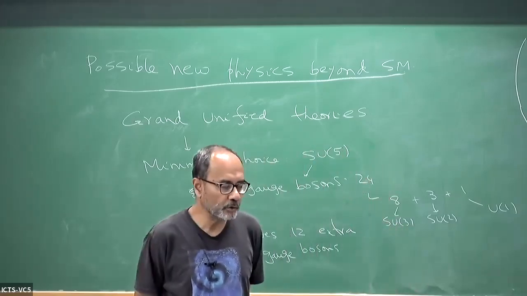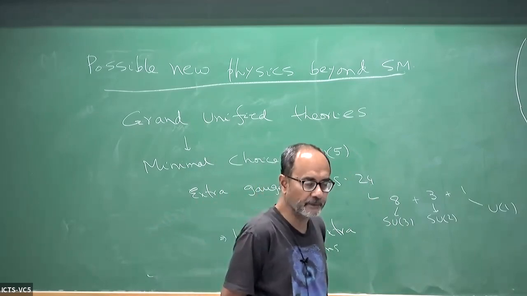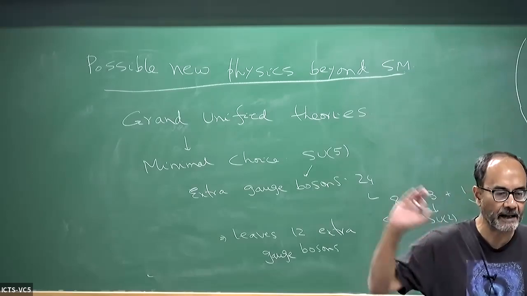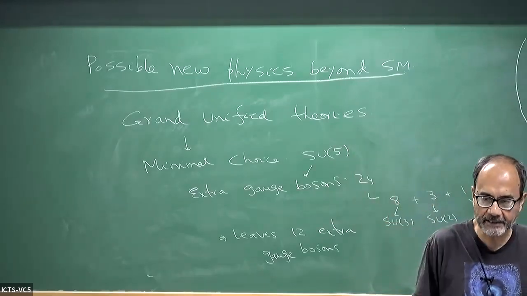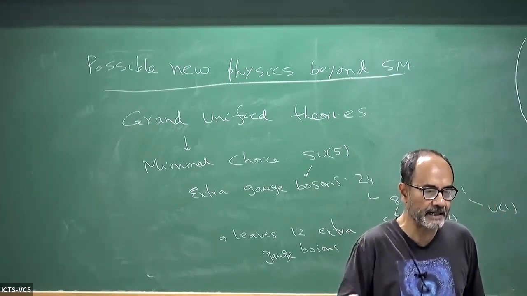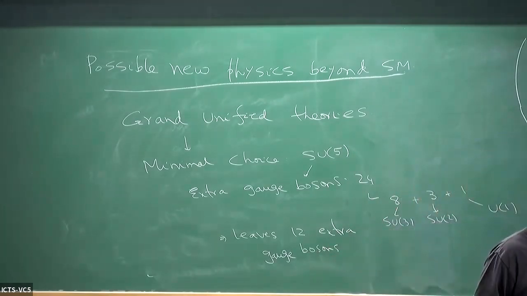Now, of course, we don't see SU5 at low energy, so SU5 has to be broken. This breaking happens at a high scale. The model is designed in such a way that SU5 is spontaneously broken, just like the standard model SU2 is spontaneously broken by the vacuum expectation value of the Higgs field. Similarly, SU5 is spontaneously broken at a very, very high scale.